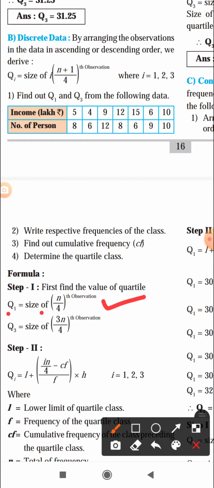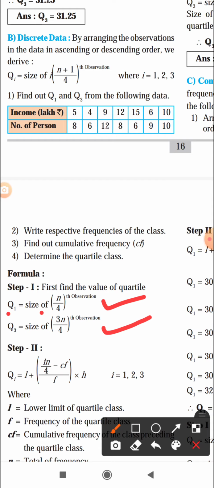Q2 is equal to size of 2n upon 4th observation. To find out the value of quartile in case of Q3, Q3 is equal to size of 3n upon fourth observation.